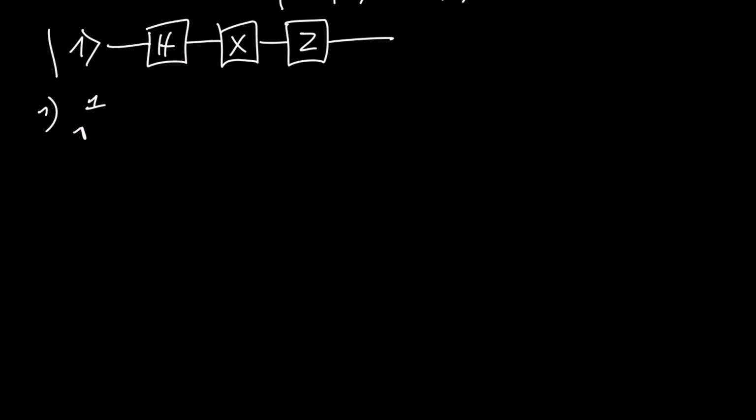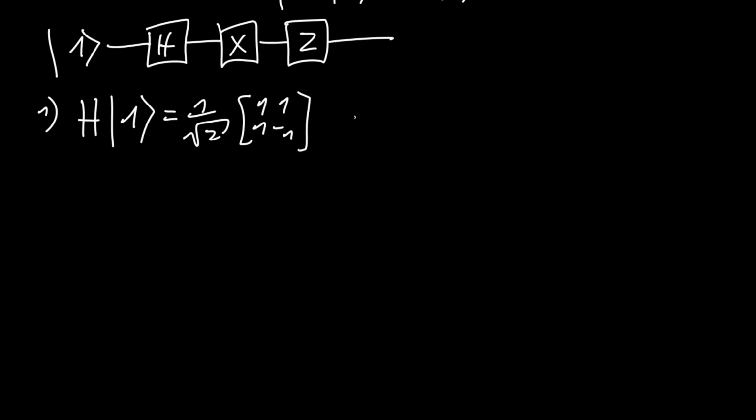Hadamard 1 is 1 over square root of 2, [1 1; 1 -1], times [0; 1]. Already did that, and we get 1 over square root of 2, [1; -1].